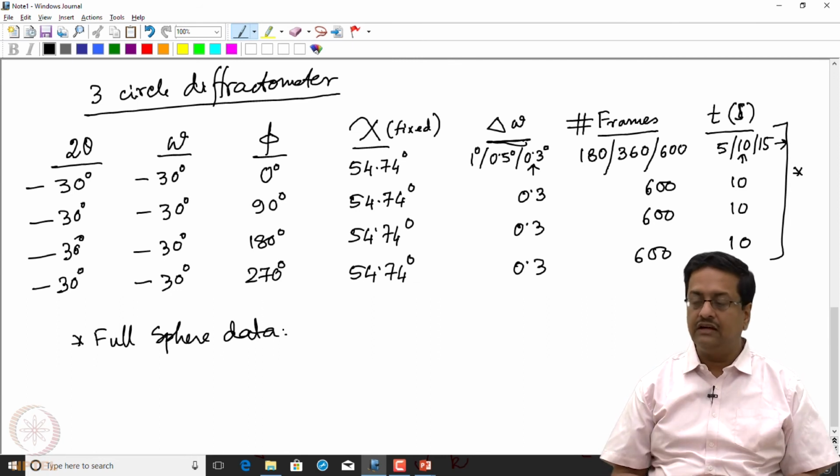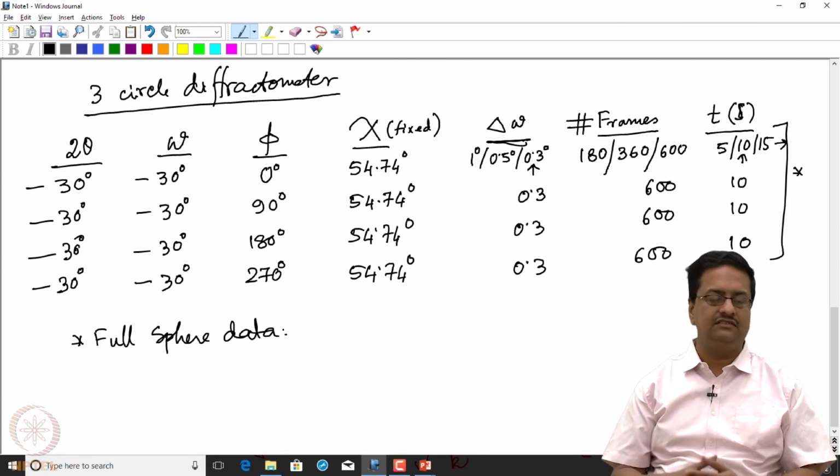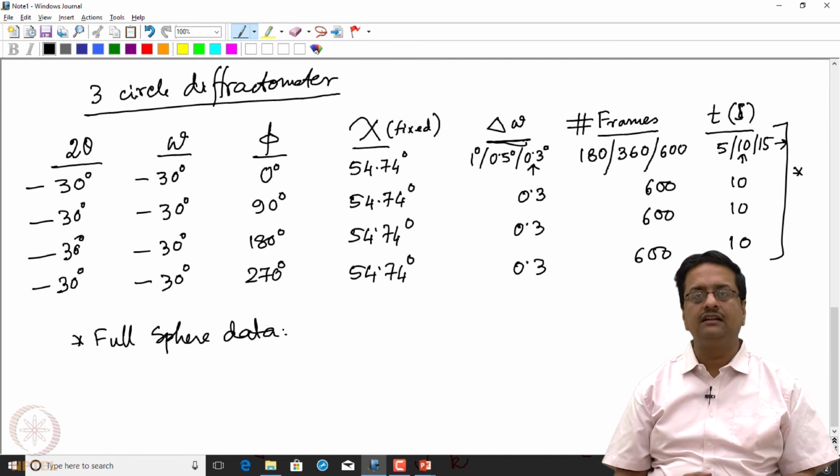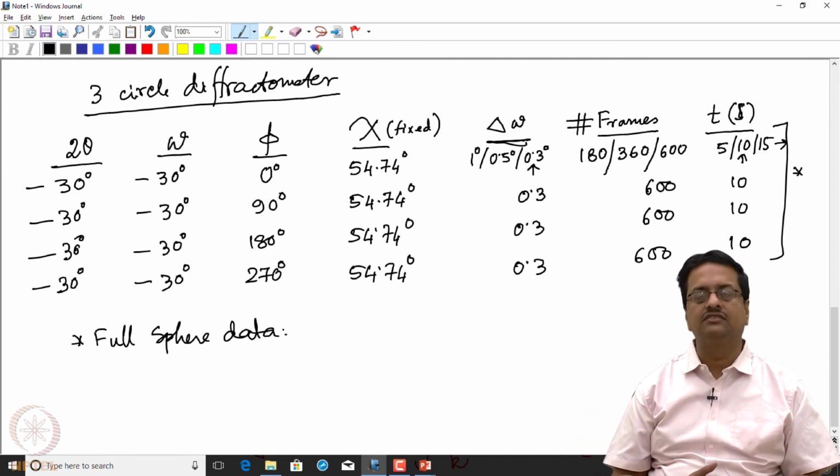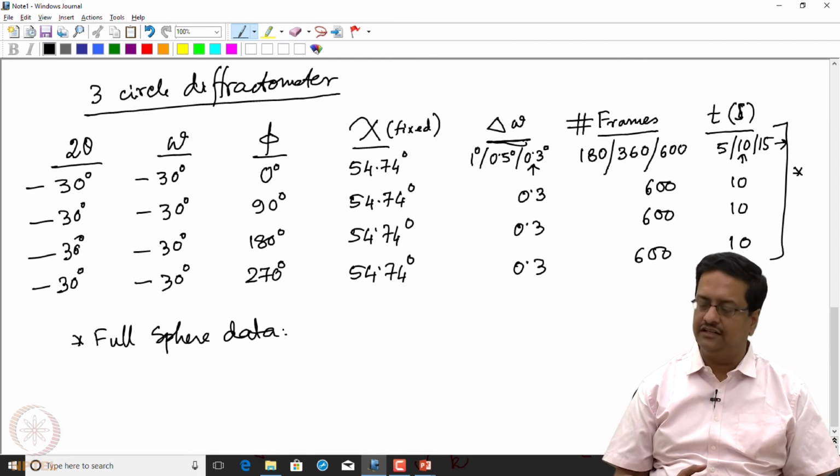That means we have collected much excess of data if we have done these 4 sets. In some cases, we really need this full sphere data. We will come to that when we discuss the non-centrosymmetric structures and anomalous scattering.